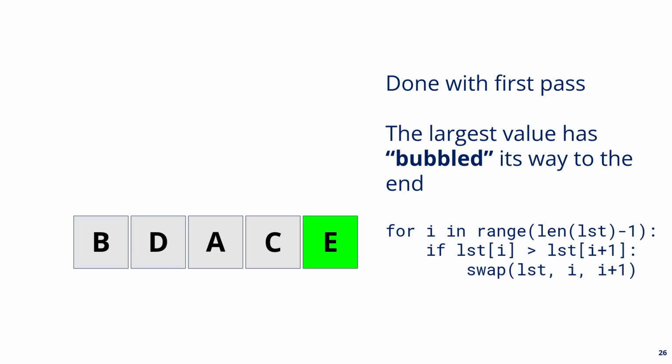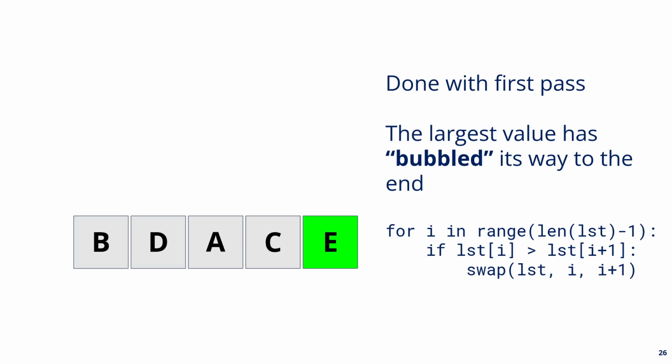Then we said if an element is greater than the one that follows it, the list of I. If this list of I, that's the element we're looking at, is larger than the one that follows it, then we'll swap them. And we'll have to implement this swap function.